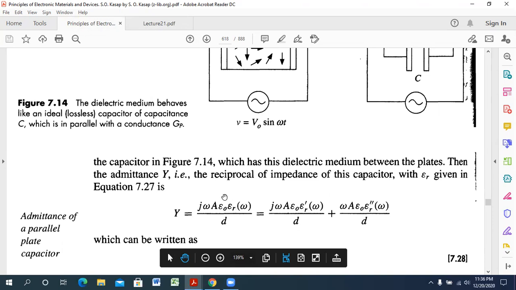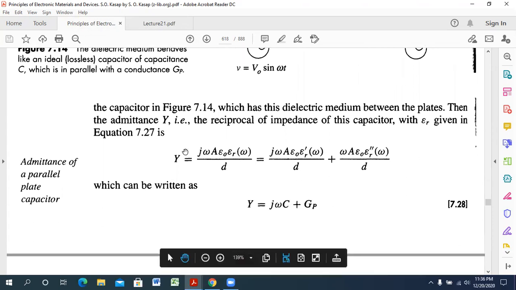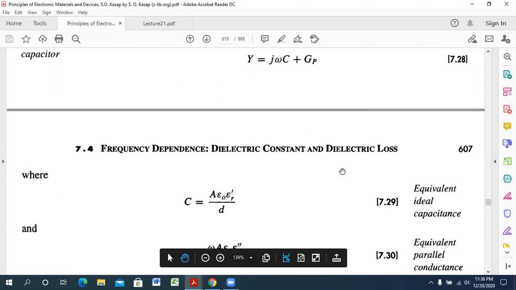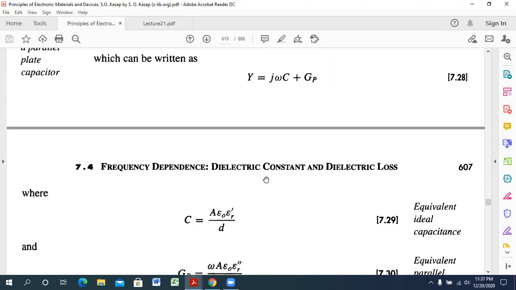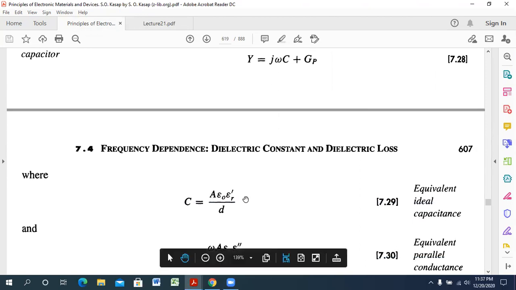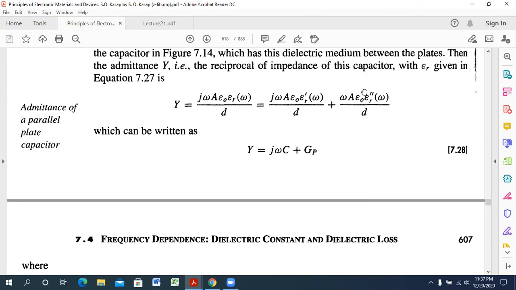Now we know that epsilon r has two parts, one real and one imaginary. So we can write Y equals j omega C plus Gp. This is the conductance part. If we compare these two equations, then C equals A epsilon r over d, and comparing the other terms, Gp equals like this.